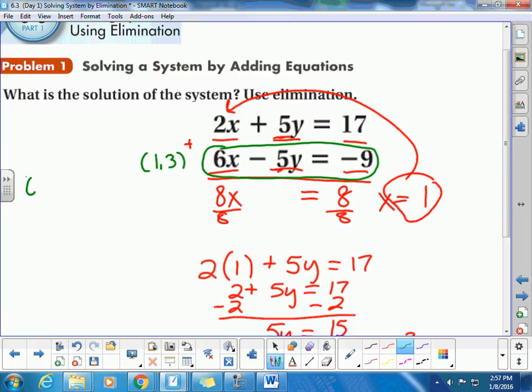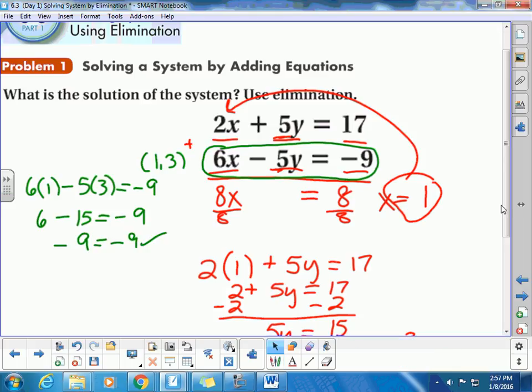We have 6 times 1 minus 5 times 3. Is that negative 9? So we have 6 minus 15, and that is negative 9 equals negative 9. So our check is successful, and we are done with that problem.